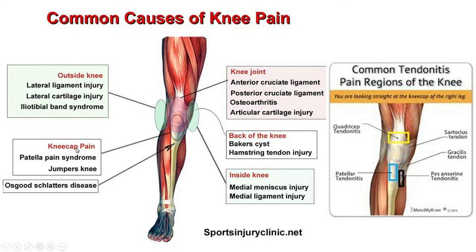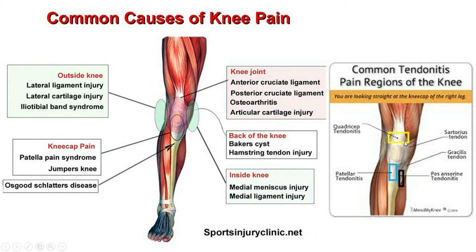And if pain is just over the ligamentum patellae, this is due to patellar pain syndrome or jumper's knee also. Then if pain is over the medial aspect, you can think about medial meniscus injury or medial ligament injury or collateral ligament pain.